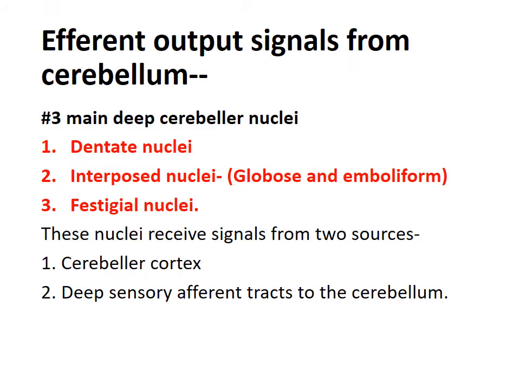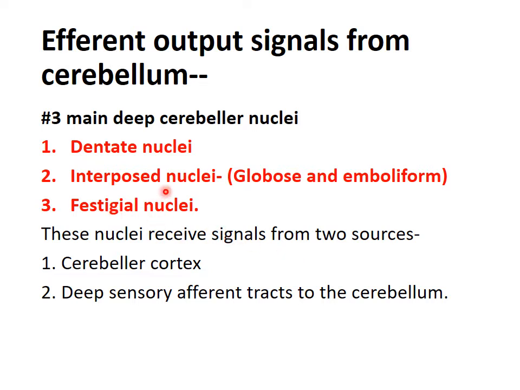Next slide. After the afferent connections, we must learn about the efferent output signals from the cerebellum, how impulses come out and are delivered to other parts of the brain. The three main deep cerebellar nuclei, which I told you previously, are dentate, interposed, and fastigial.